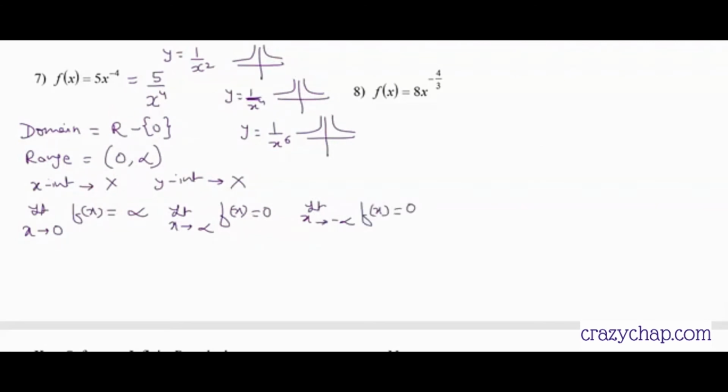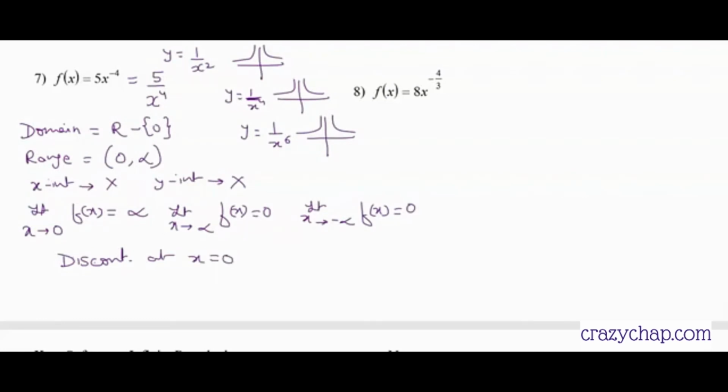About continuity, the function is discontinuous at 0, right? So let me write that. Discontinuous at x equal to 0. Okay. And then where is the function increasing or decreasing?